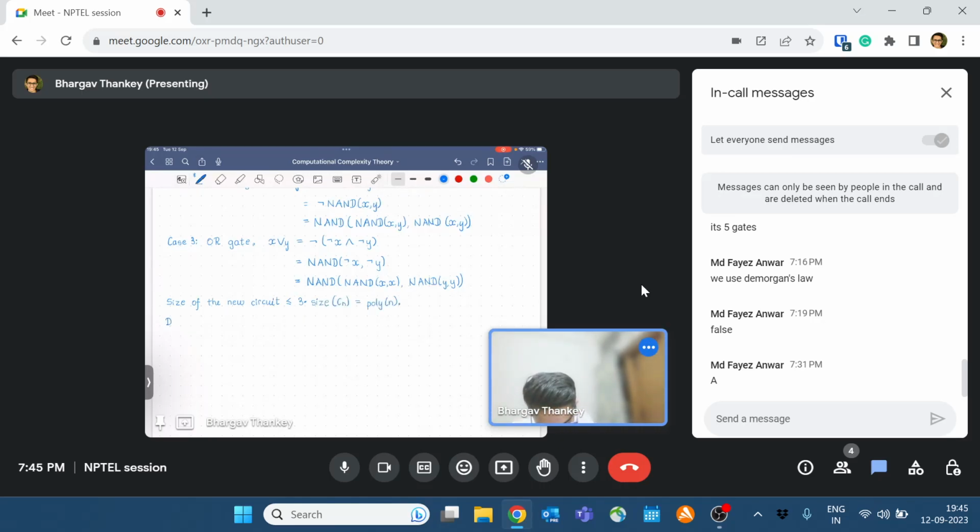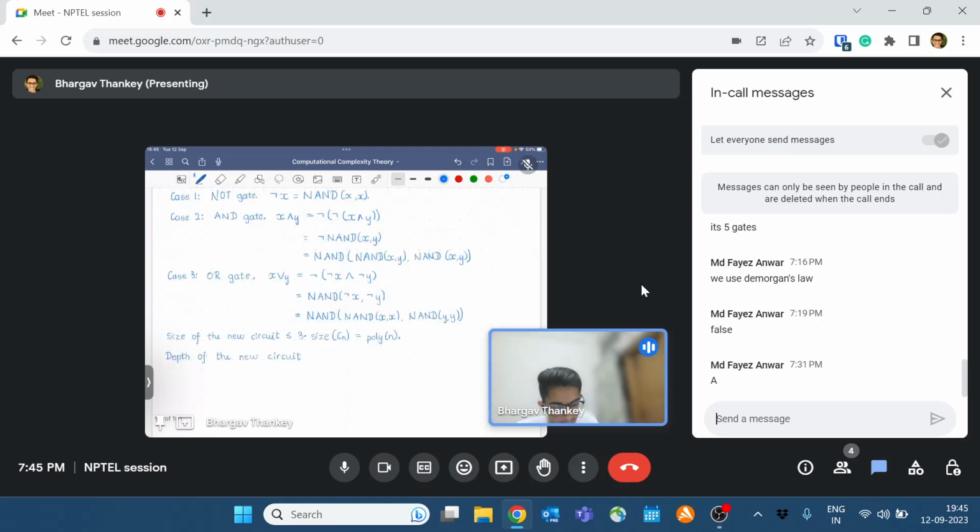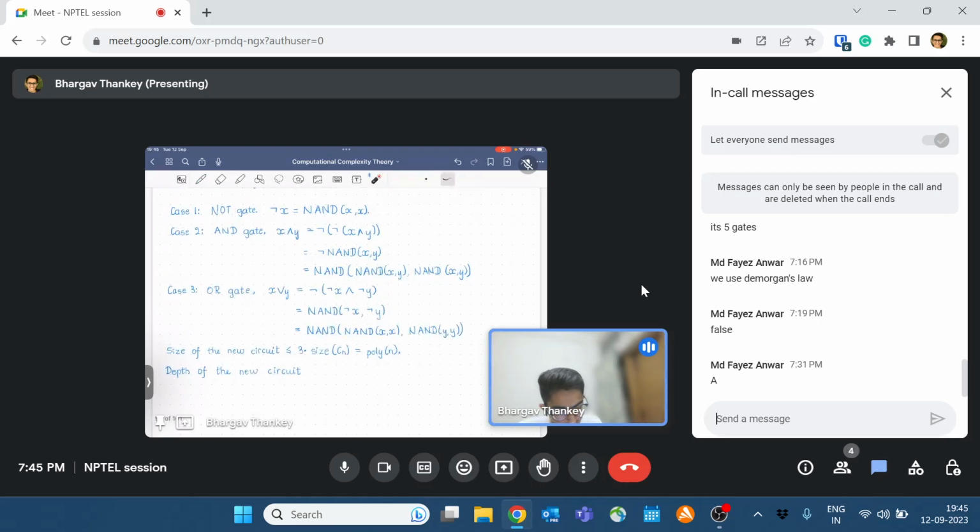Similarly, what will happen to the depth? For how am I replacing an AND gate? I'm replacing an AND gate like this.